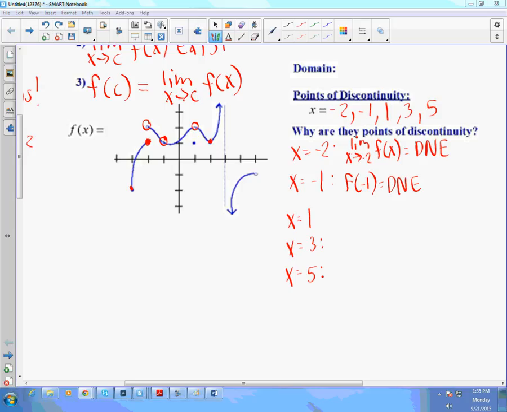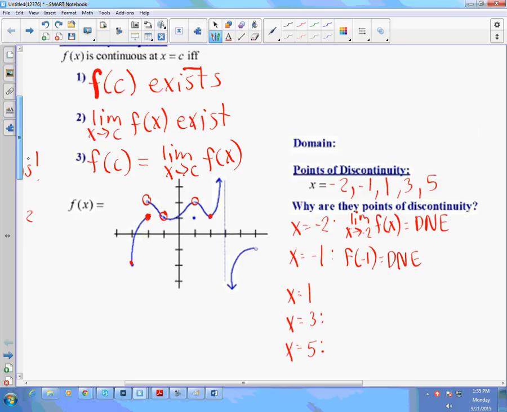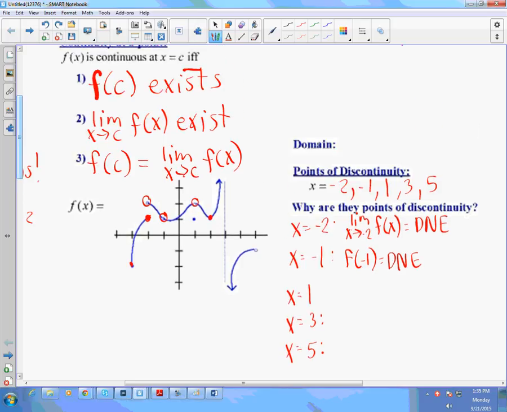Jasmine, what did you put at x equals 1? Why does it fail? Okay, but does f of c exist at 1? Yes, it does exist because we have a filled hole. Does it exist from the left and the right? Are we approaching the same point?